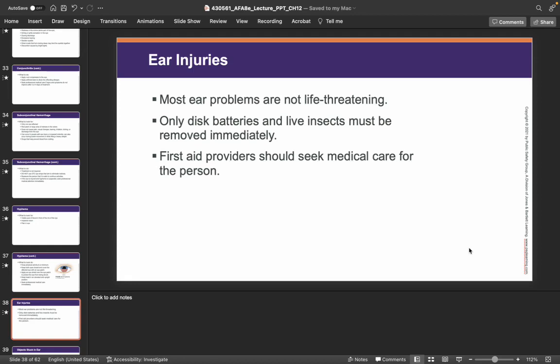Really, the only things inside the ear that need to be removed immediately would be disc batteries, so the little silver flat batteries, and or live insects, mainly because disc batteries, if they get left in there, the acid can leak out, and that would be a real bad deal. And then, of course, live insects, like who wants a live bug in your ear? That's gross. But also, live insects can cause damage.